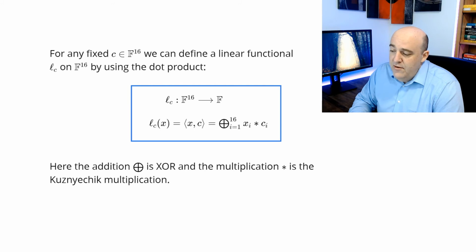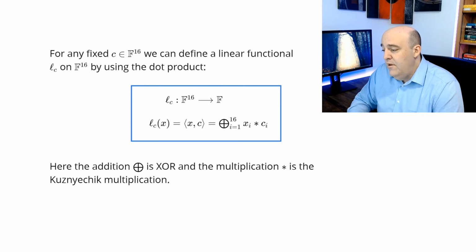how does it act on a typical element X? It just sends X to the dot product of X and C. And that dot product in this case is defined as the XOR summation from 1 to 16 of Xi times Ci, where the multiplication, of course, is this Kuznyechik multiplication that we've defined.